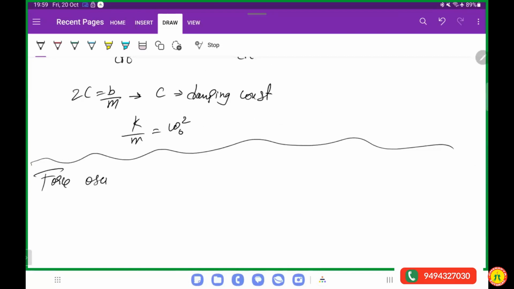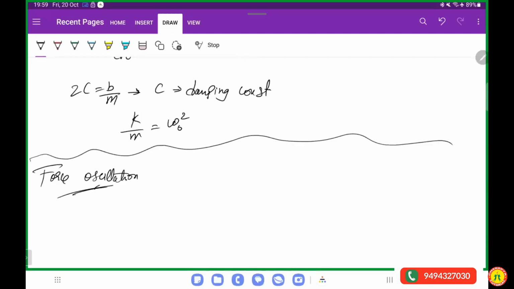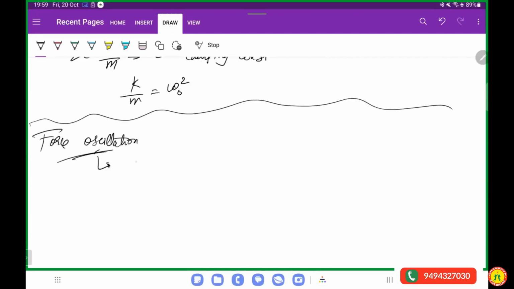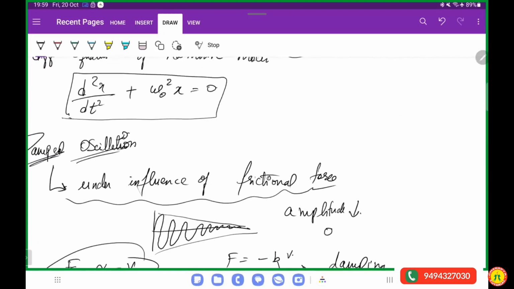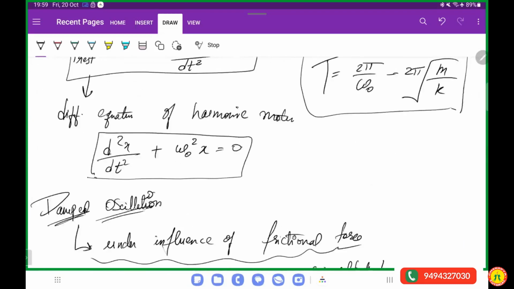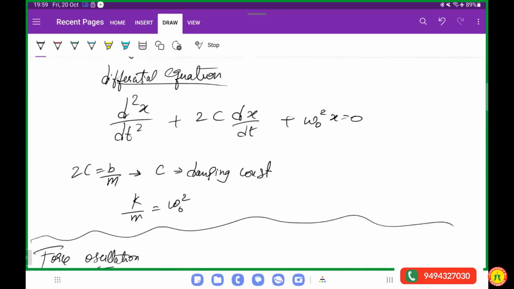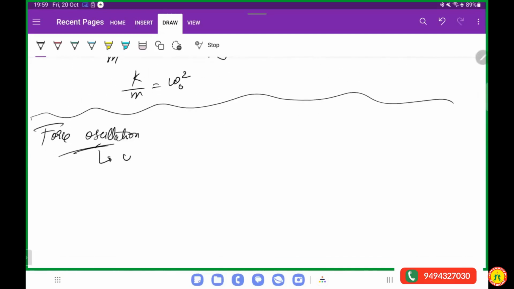Forced oscillation. What we wrote for free oscillation was without any external force. So this will be under the influence of an external periodic force.